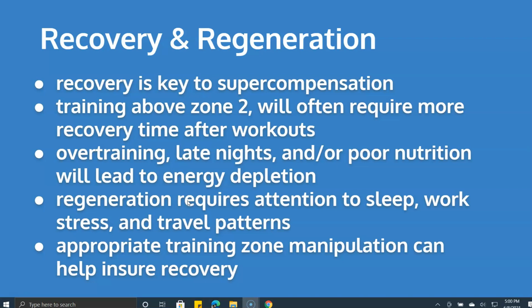Training above zone 2 will often require more recovery time. If you're out for longer bike rides or runs and you're pushing the intensity out of that zone 2 range, that's going to be creating a cost that may be difficult to recover from. So that's why a lot of endurance athletes are spending time in zone 2.